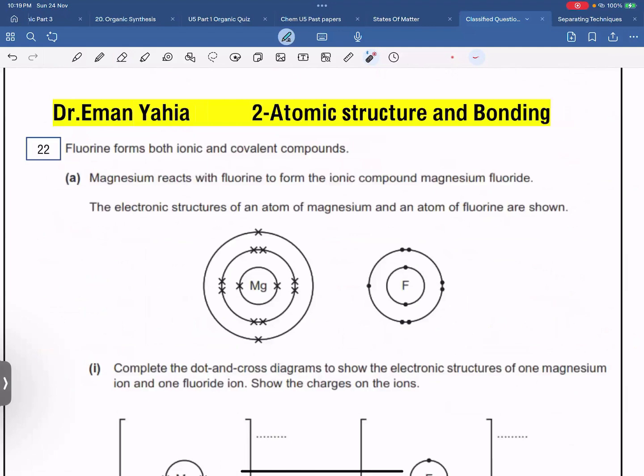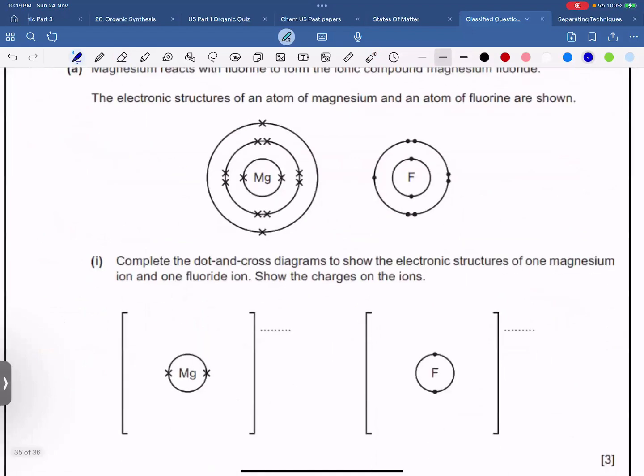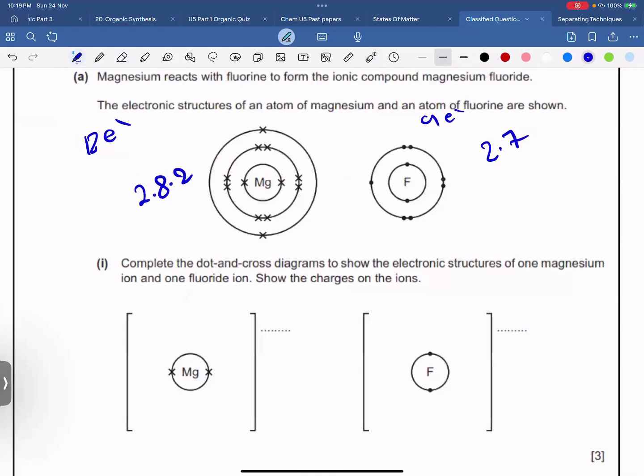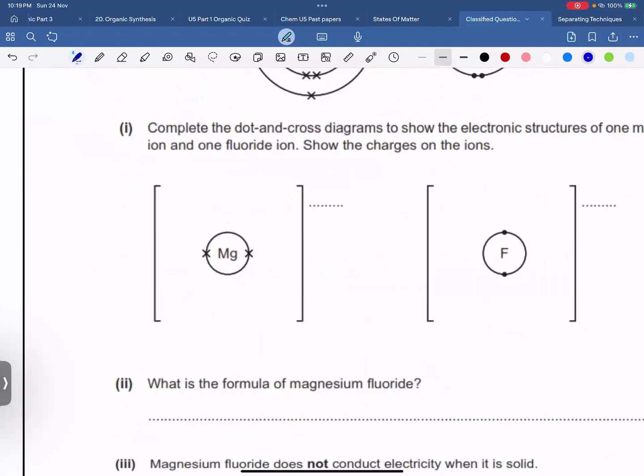One more example. You have to practice more for ionic compounds. So magnesium from the periodic table is 2, 8, 2, with 12 electrons in the atom state, and fluorine is 2, 7, with 9 electrons. So now magnesium loses 2 electrons to have a full outer shell.